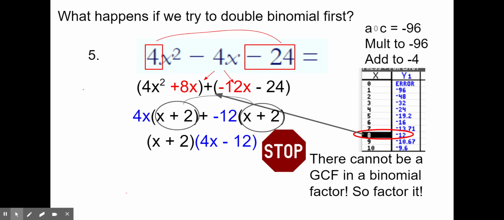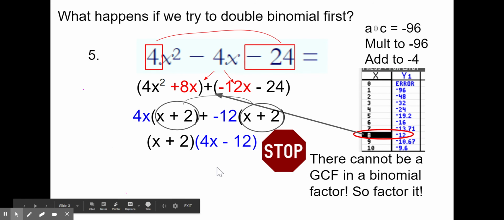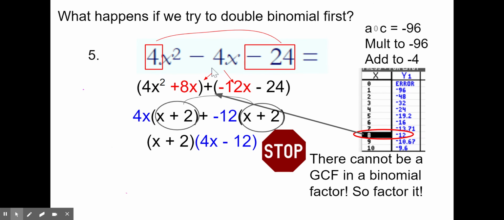It's not factored completely. So instead of going back to the beginning and factoring out the GCF, which you probably should have done in the beginning, let's just start from there and factor my resulting binomial that has the GCF, my 4x minus 12.